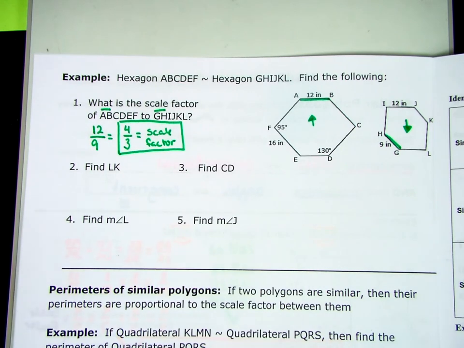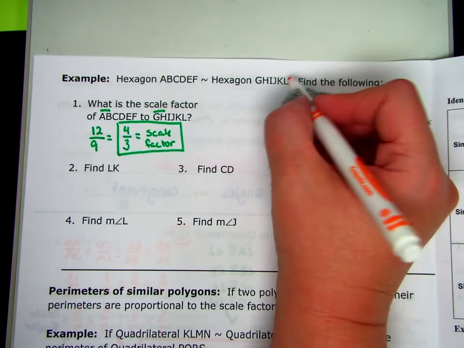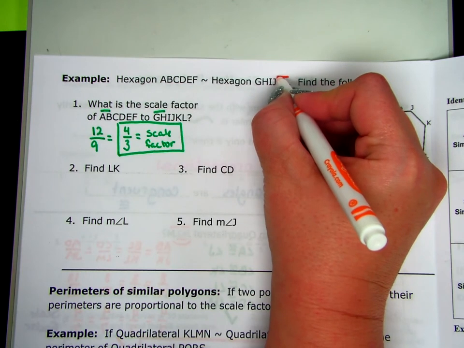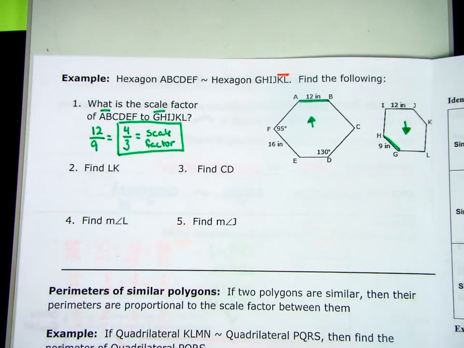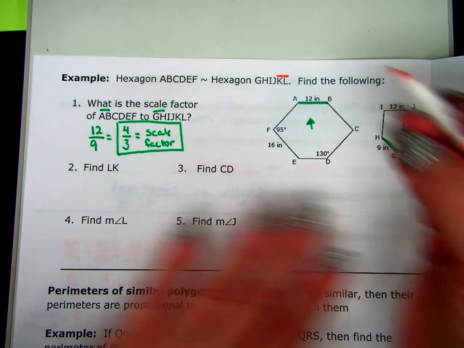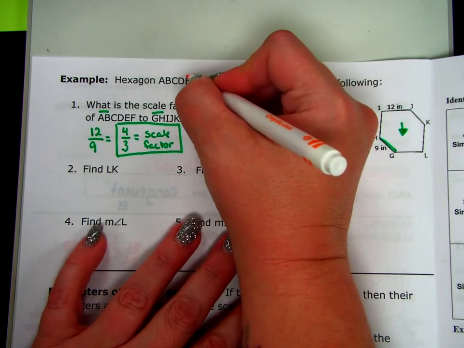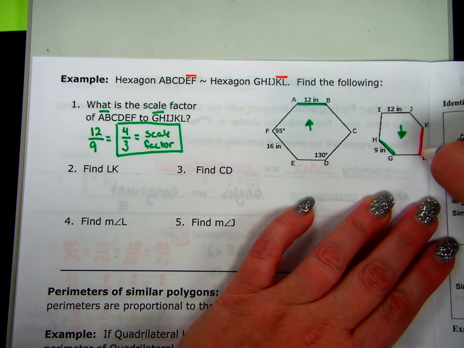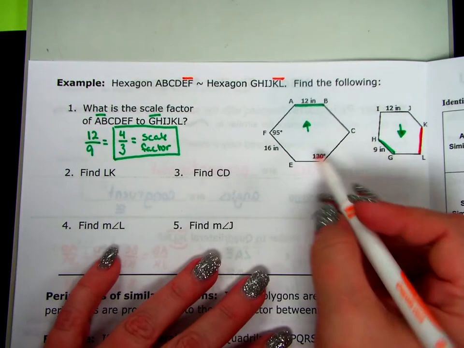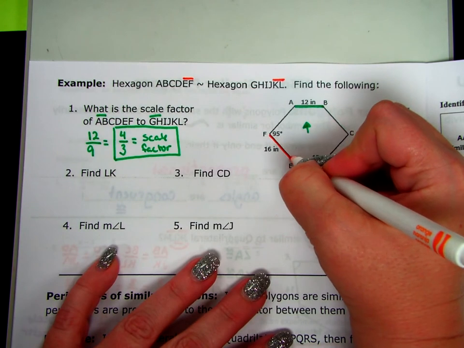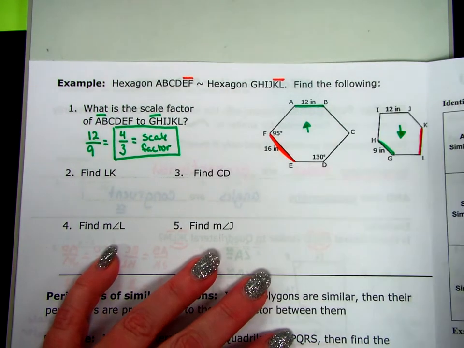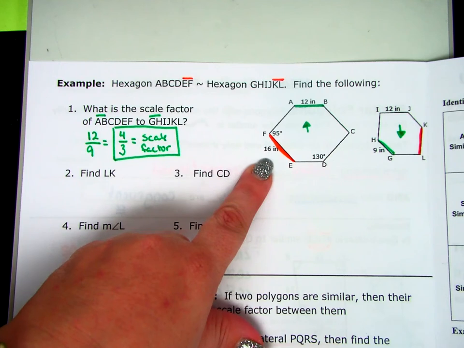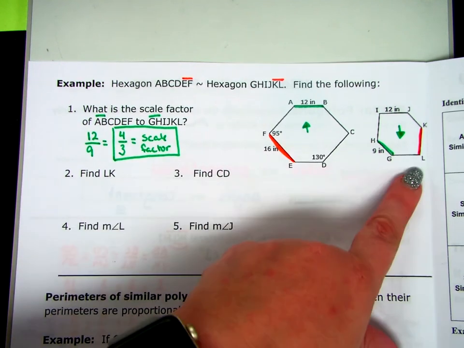Okay. The next one, number 2, find LK. What is LK going to match up with? EF or FE? Yeah. So LK, this one here, is going to match up with EF or FE. So I've got a 16 here, and I don't know what this one is.